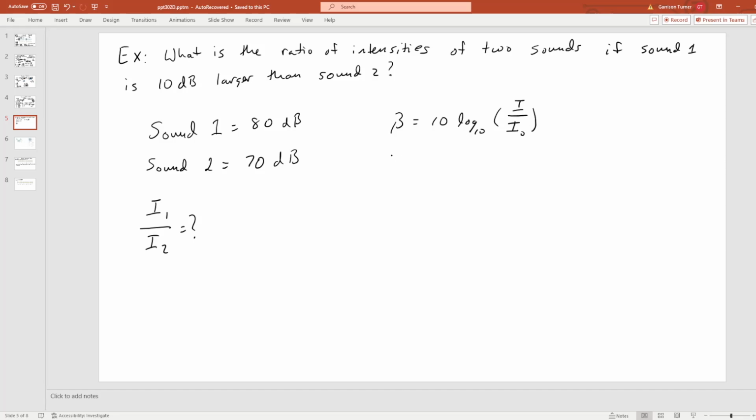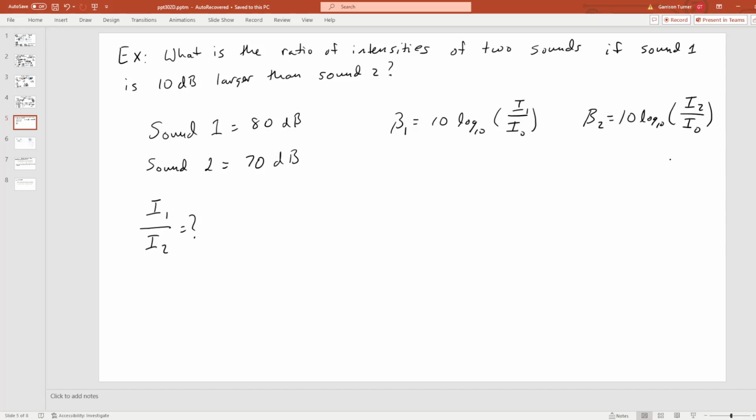We would have that beta 1 is equal to 10 log base 10 of I1 over I naught, and beta 2 is going to be 10 log base 10 of I2 over I naught.